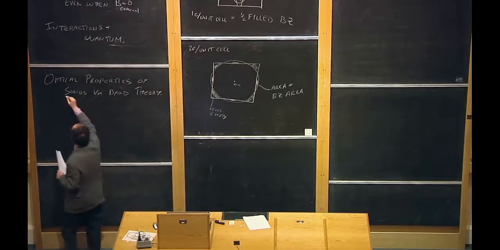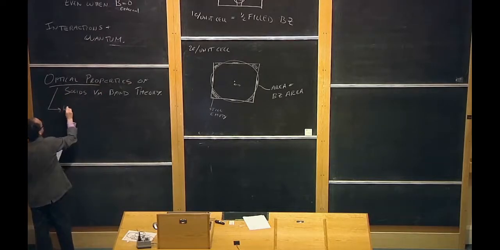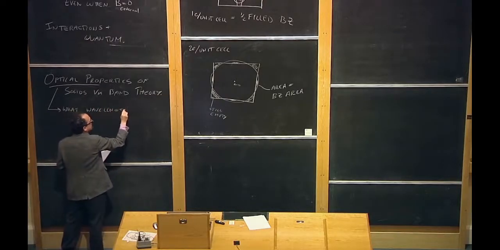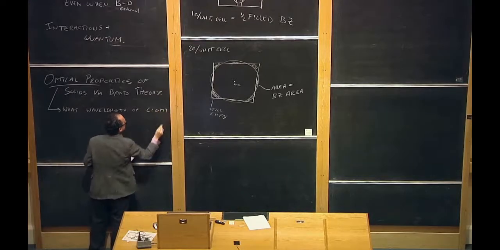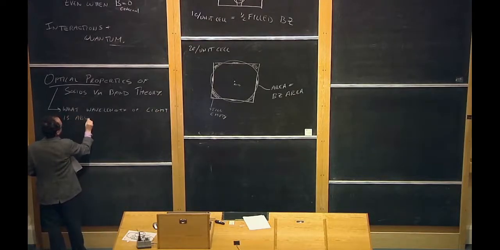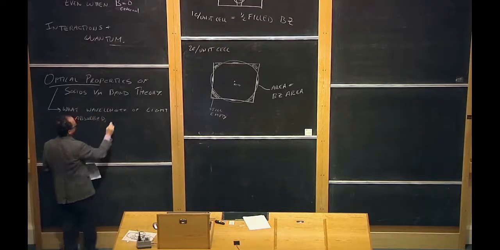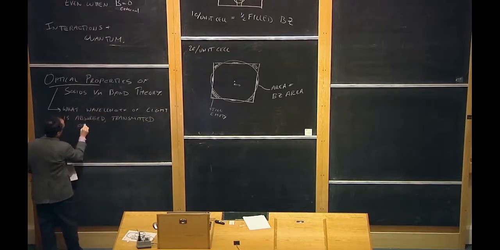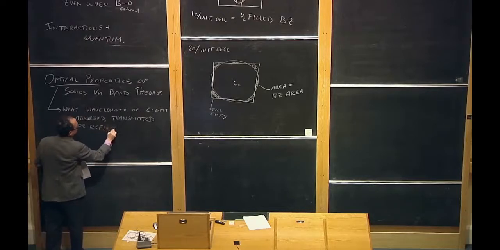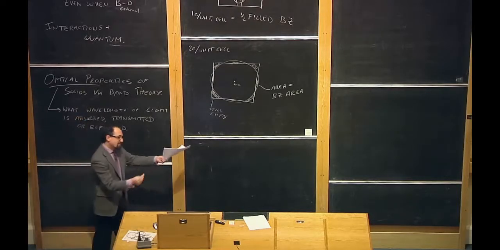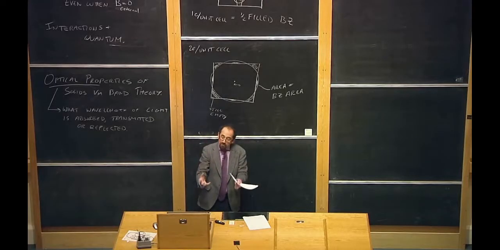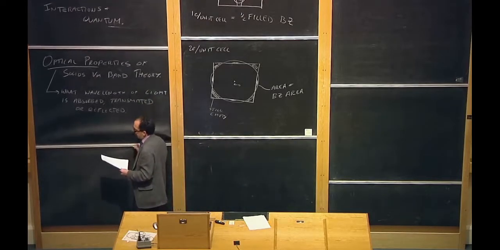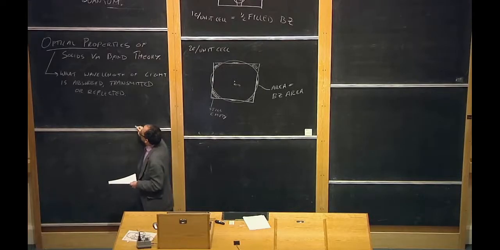What I mean by optical properties means what wavelength of light is absorbed, transmitted, or reflected. In other words, if you put your material in white light, which is where we usually put it, what wavelengths of light actually reflect off of it and go into your eye and give that material the color that you actually see. So let's remind ourselves a couple things about light.